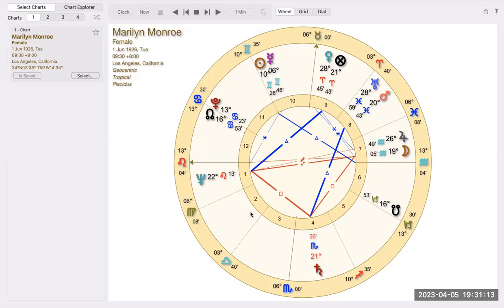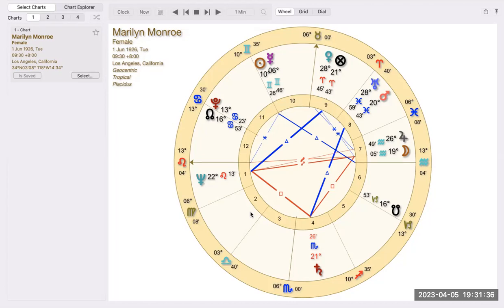I think my final question is just, what does it mean that Venus is in the 9th house then ruled by Mars? What does that mean for her? Do we have an idea of what it would indicate?